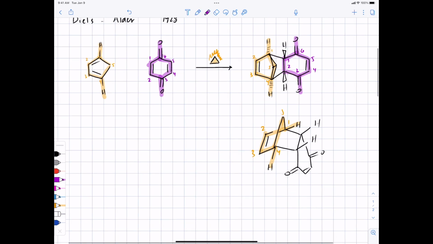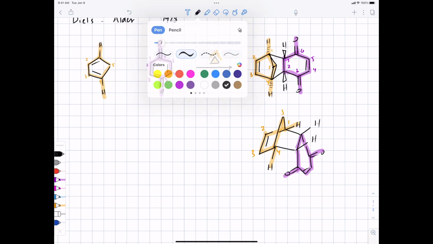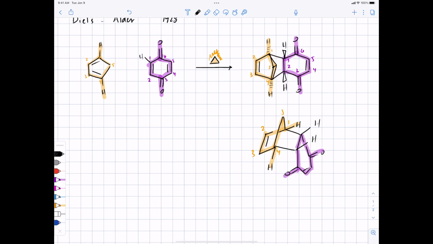And if we do this in our drawing here, there we go. I guess it would be good to point out that these two hydrogens on our purple molecule end up here. All right? Okay, so I realize that's hard to see when you're not experienced with this reaction. We're going to get you so that you're experienced. Go ahead.